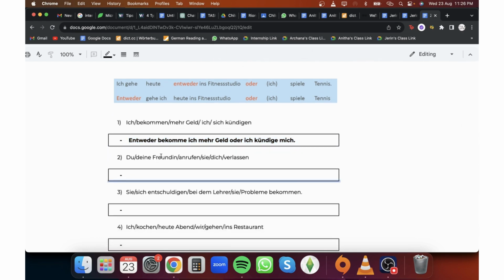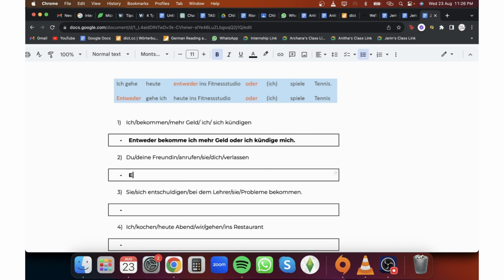Du deine Freundin anrufen, sie dich verlassen. You call your friend, she leave you. That's what we're saying here. Connected with the connector, either you call your friend or she will leave you. Right? So once again, you call either your friend.